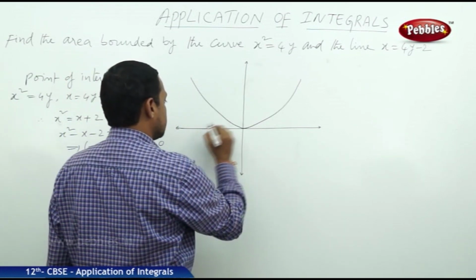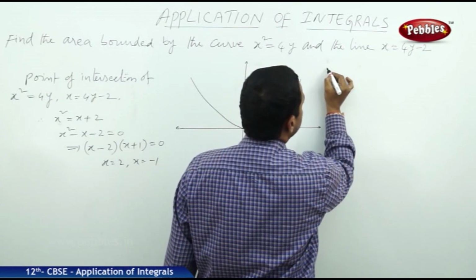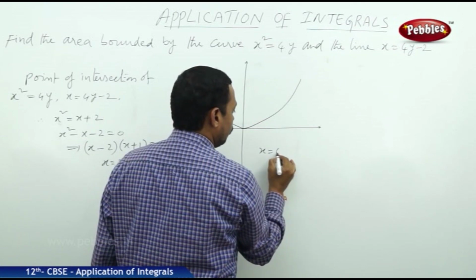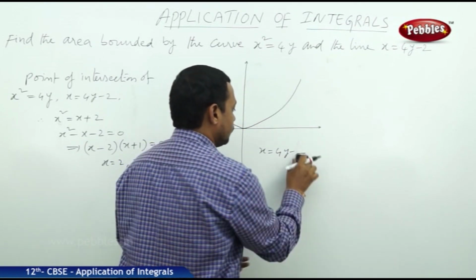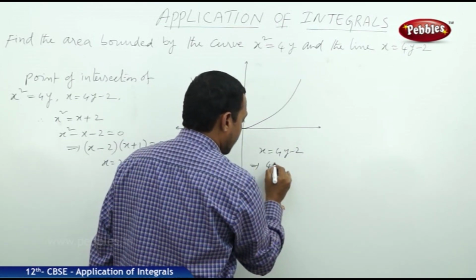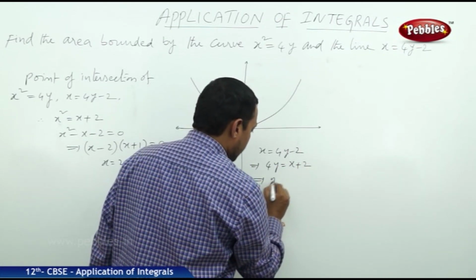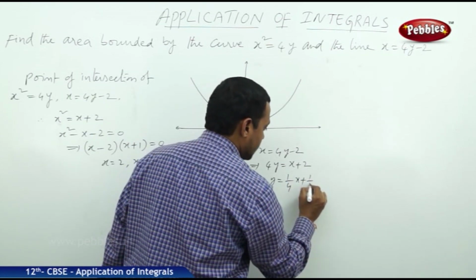Like this. And one more thing here, the given straight line is x is equal to 4y minus 2. Now this implies 4y is equal to x plus 2 and dividing by 4, it is y is equal to 1 by 4 x plus 2 by 4, that is 1 by 2.